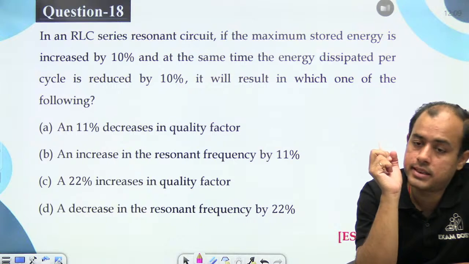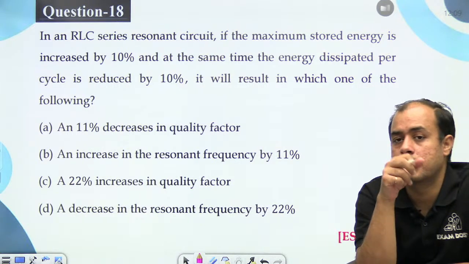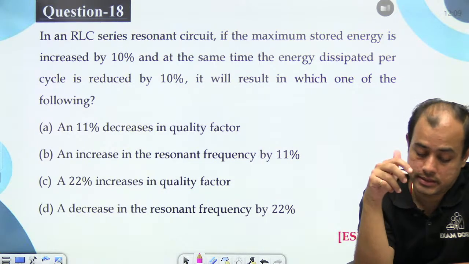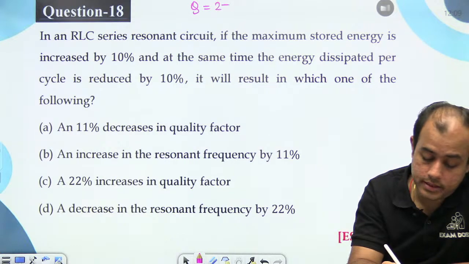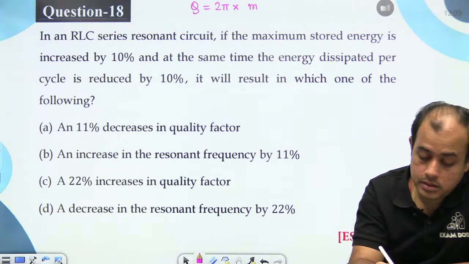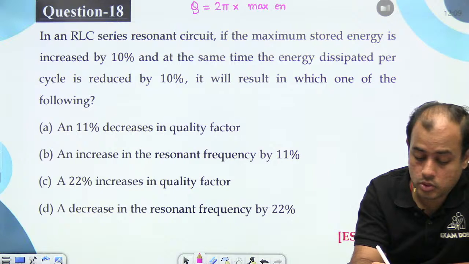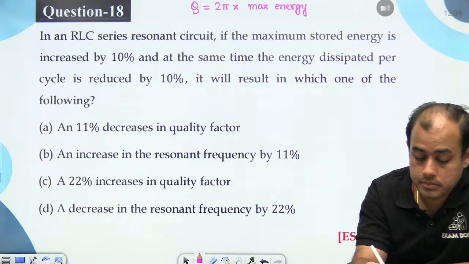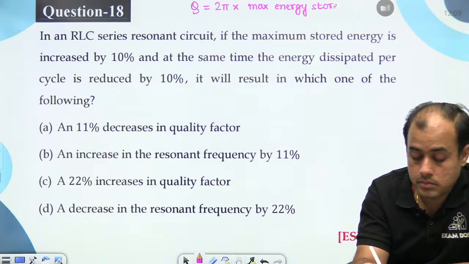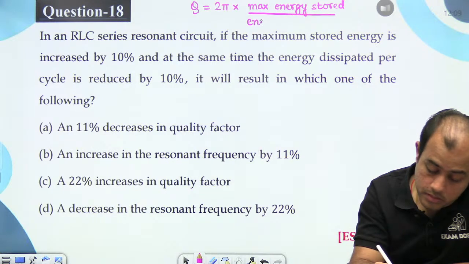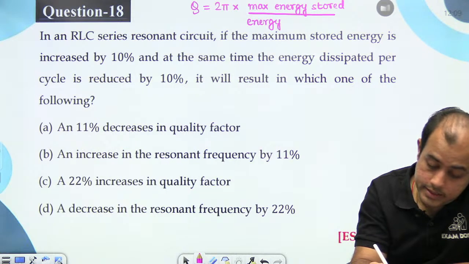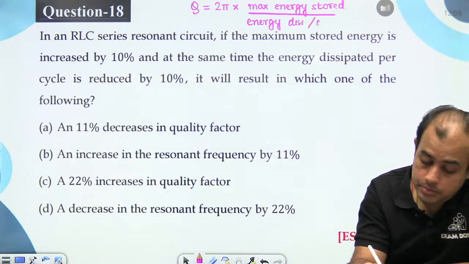और अगर ये आरआरबी का सवाल है तो आरआरबी का शिफ्ट 1 का पेपर मैं आज डिस्कस करूंगा अबाउट ऑब्जेक्शन। देखिए, quality factor is 2 pi into maximum energy stored by energy dissipated per cycle.